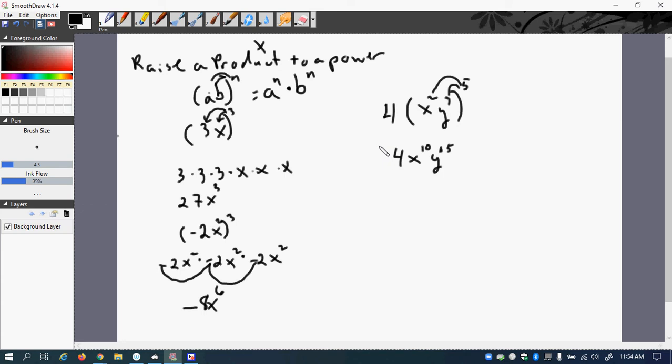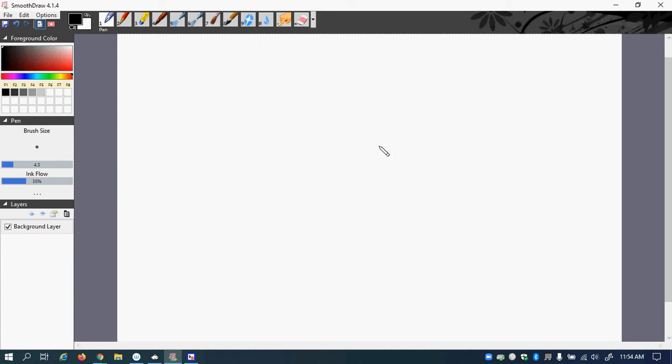So let's take a look at raising a quotient to a power. So let's go raise a quotient to a power. And again, quotient means division, is what that's talking about.